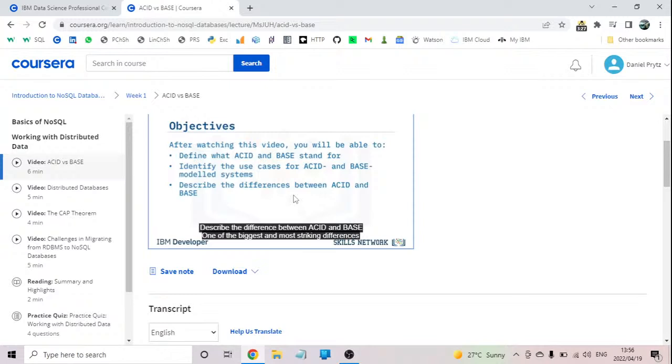Module 2, Working with Distributed Data, ACID versus BASE. All right, questions or learning objectives.